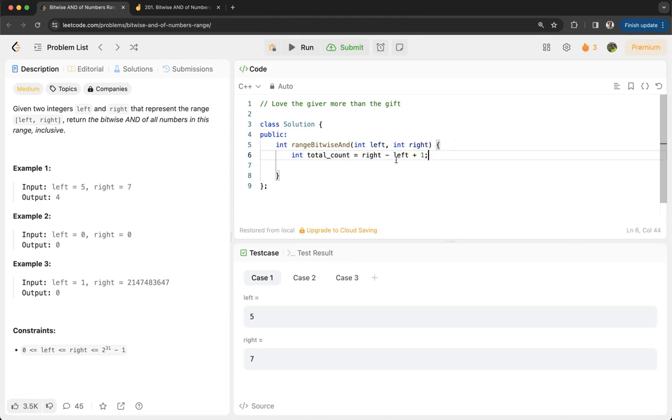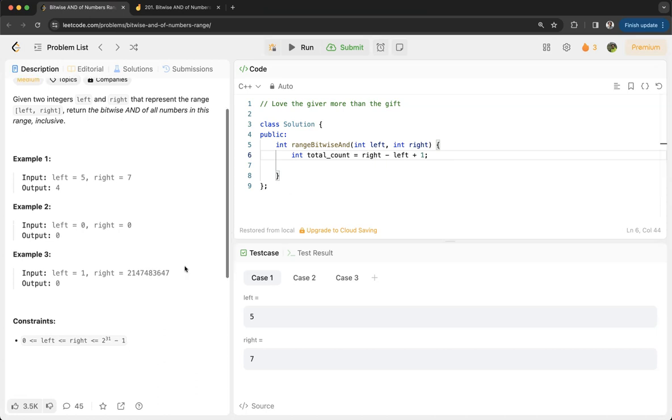Here you should be careful not to get overflow, because if right is 2 to the 31 minus 1 and left is 0, then this is going to be 2 to the 31 minus 1 plus 1. In order to prevent that, we will use unsigned integer, and here we will cast right to unsigned integers, so we will not have overflow.